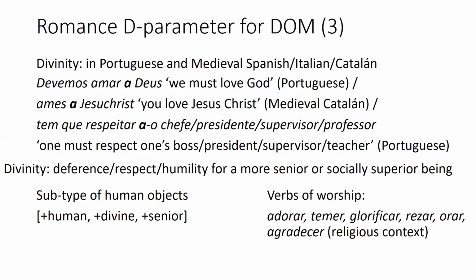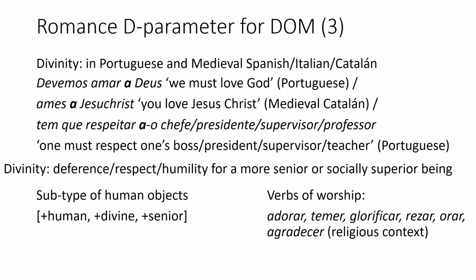And also, in terms of the verb, it's been noted that this use of a tends to be used with verbs of worship or verbs of cult like adorar, temer, glorificar, rezar, orar, agradecer, etc. So these only take a within a religious context, where divine objects are selected, but otherwise you tend not to get them.